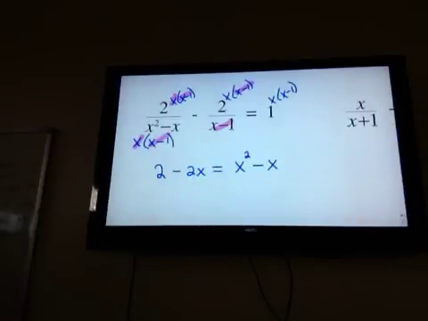Because the square is positive on the right side, I'm going to bring everything to the right side. So that means I'm going to minus the 2 and add the 2x. So I get 0. That's what I need.